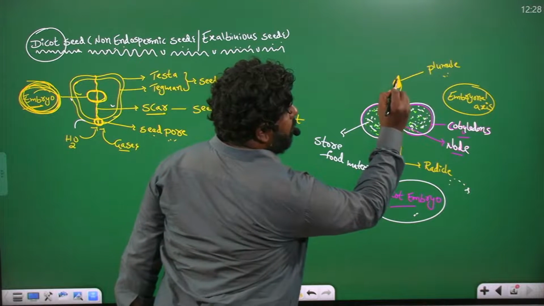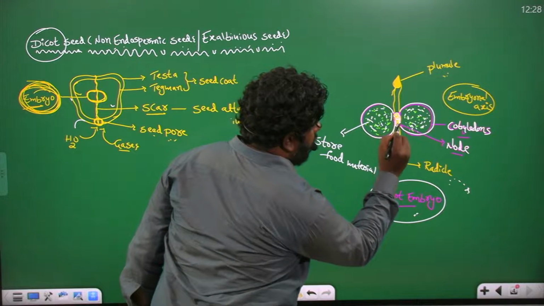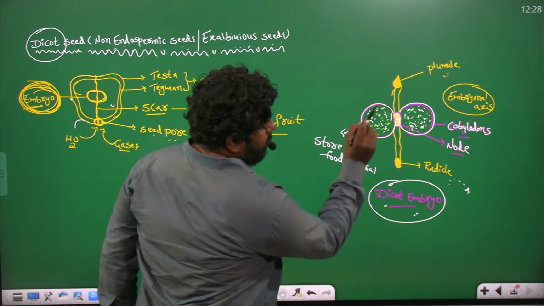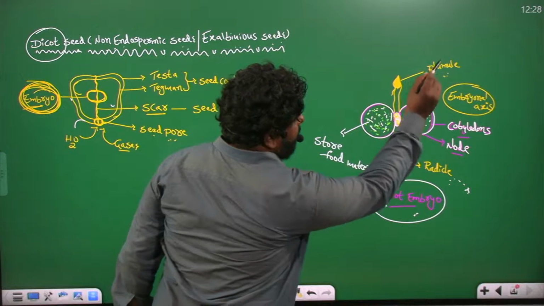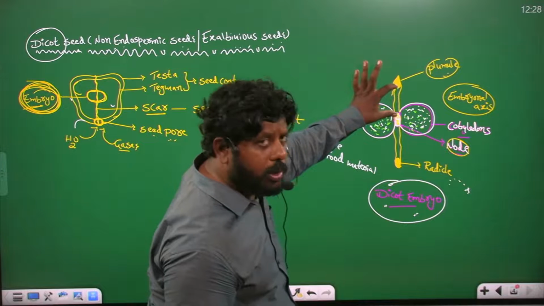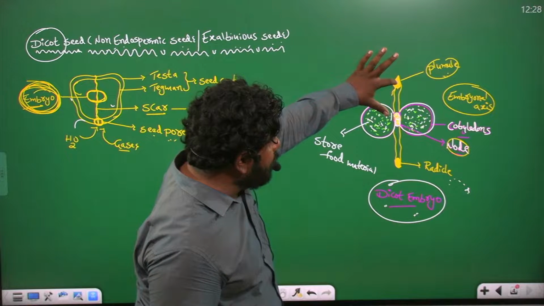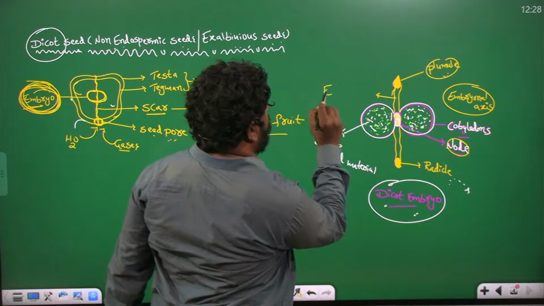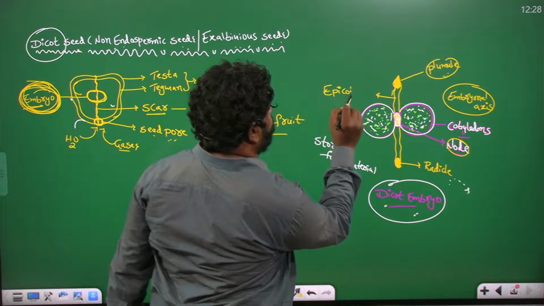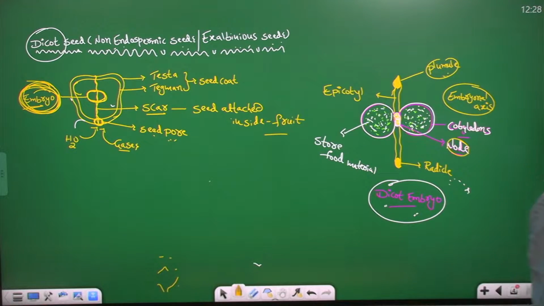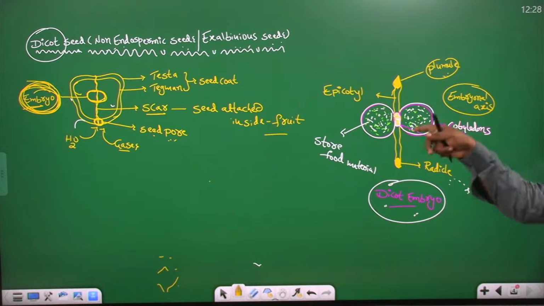This is the plumule. This is the node. This is the radicle. Listen, the distance which is present between plumule and node is called the epicotyle.